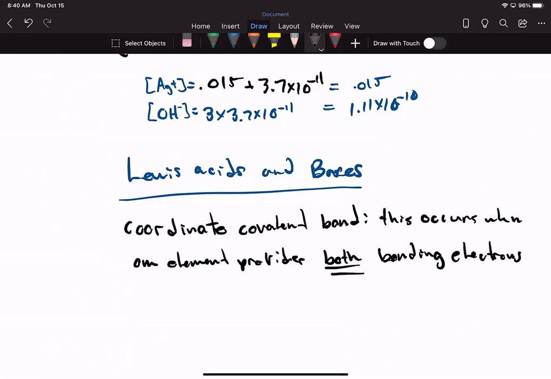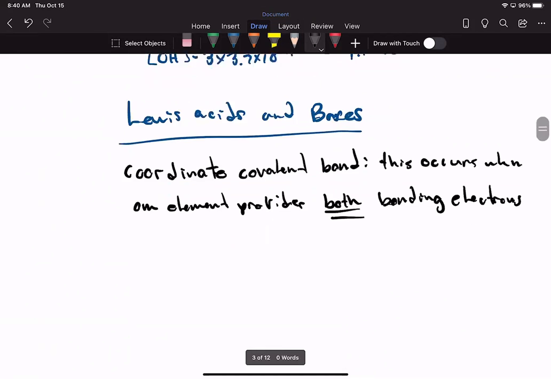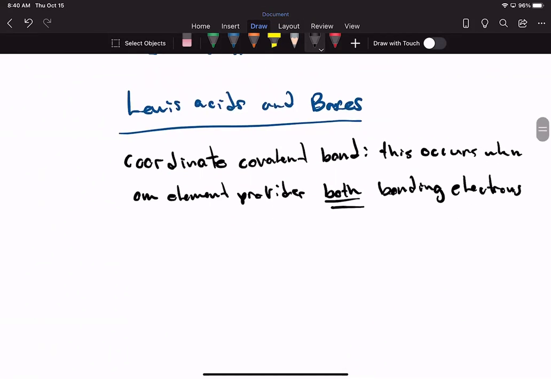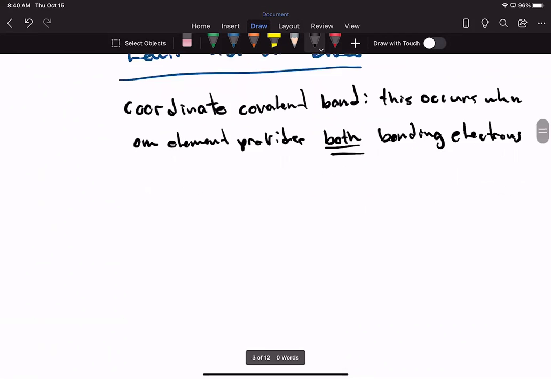Normally when we're talking about covalent bonding, both elements are going to share some electrons to make that bond. Well, coordinate covalent bonding happens when both of the bonding electrons come from one element, right?